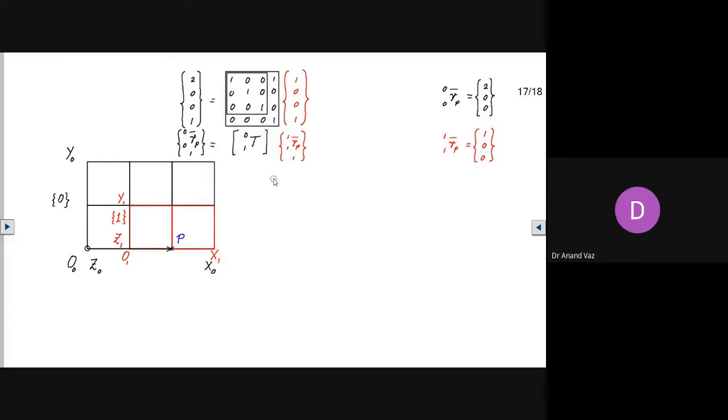Now you can look at this transformation in two ways. What are those two ways?